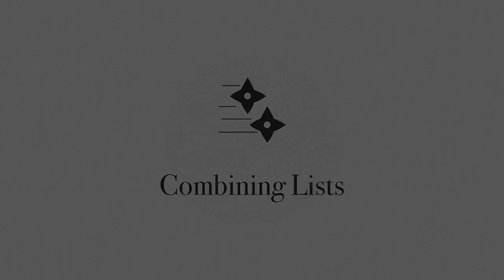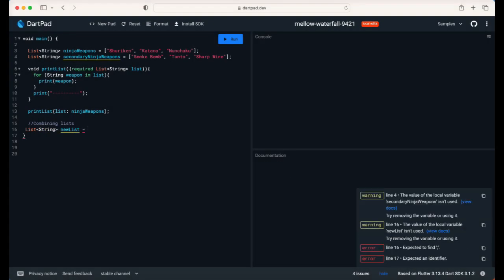You can combine two or more lists into one using various methods like add or addAll.